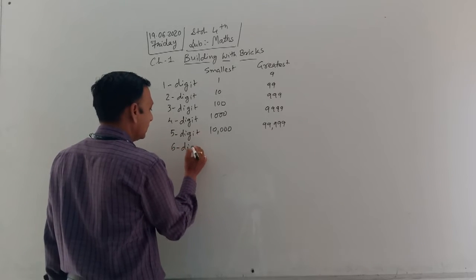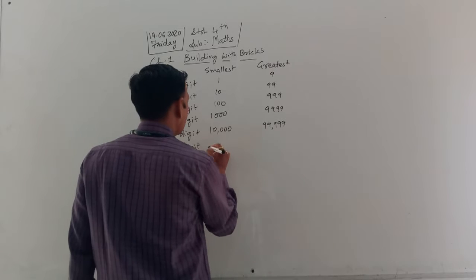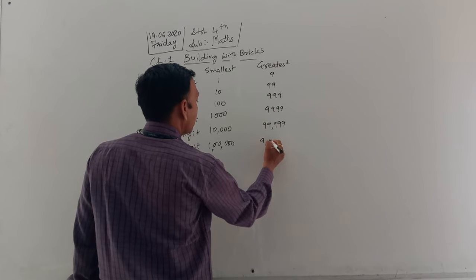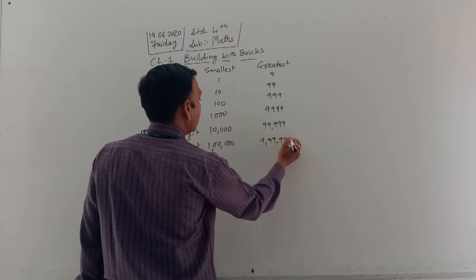6 digit, 1 lakh, and the greatest number is 9,99,999.